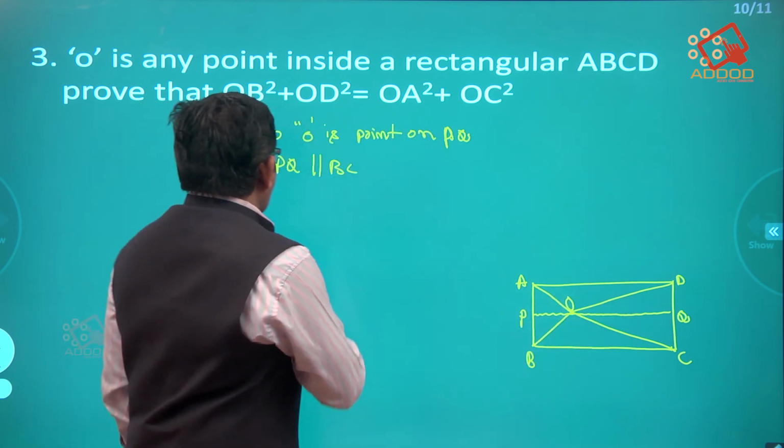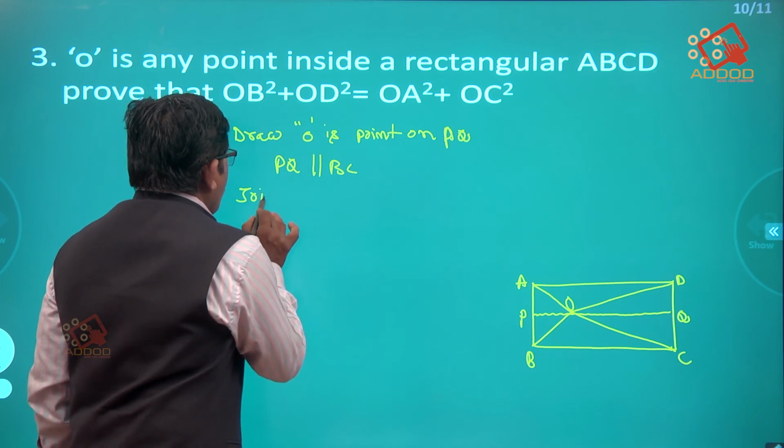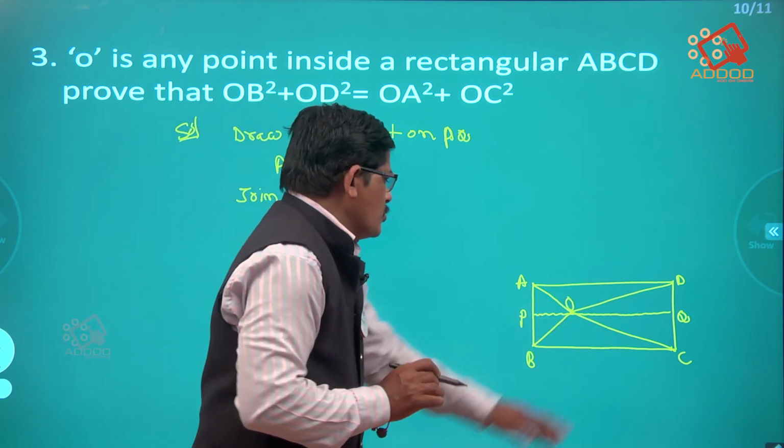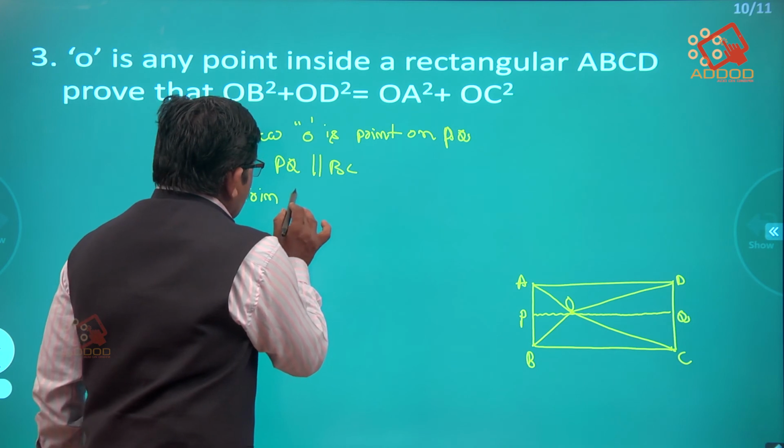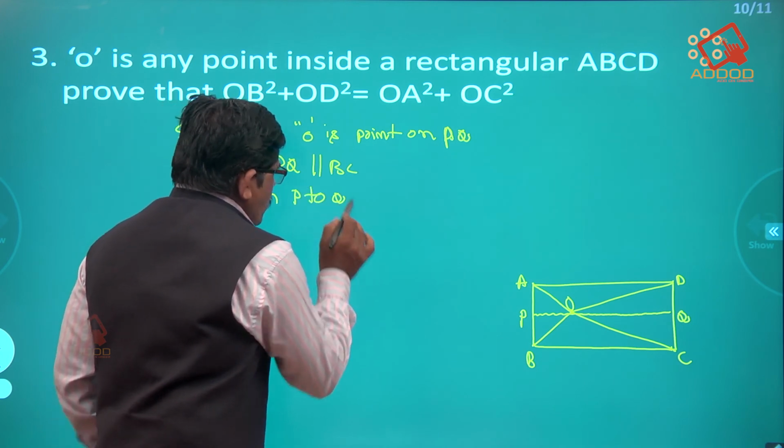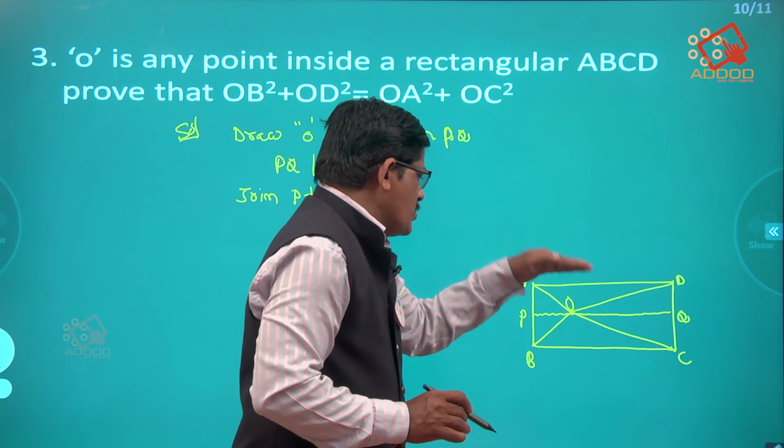Join P to Q. Therefore, PQ is parallel to AD.